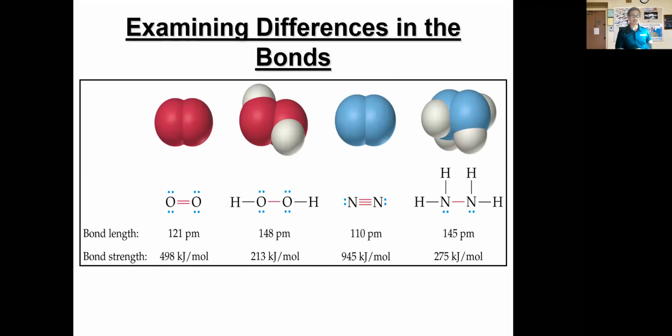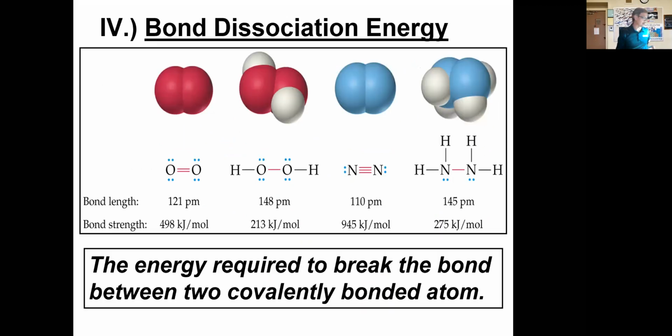Let's take a look at what the bond strength is first, and we can measure that bond strength in what are called bond dissociation energy. What we refer to as the bond strength is referred to as the bond dissociation energy, meaning exactly what I just said, that it is the energy needed to break these bonds here.